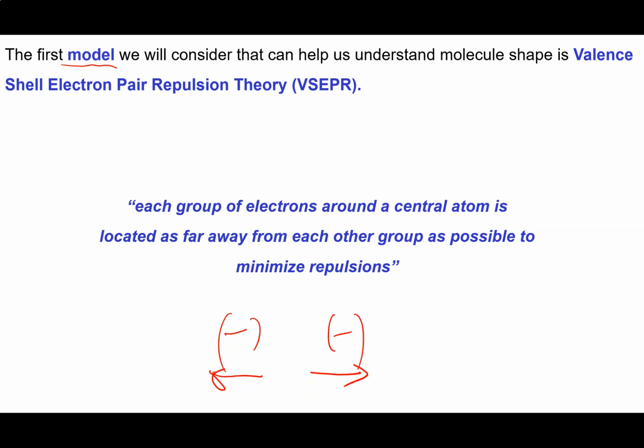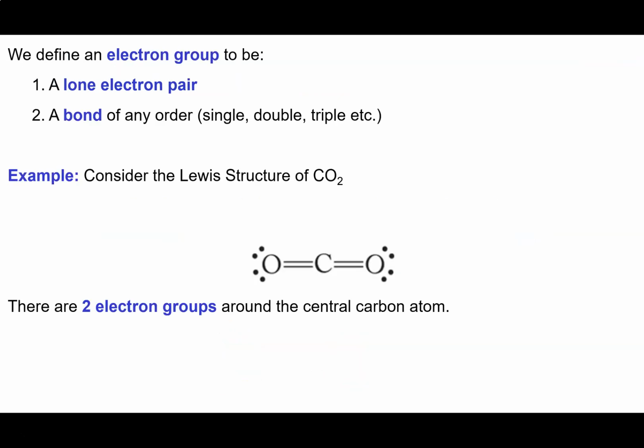So the VSEPR theory is quite simple. It says each group of electrons around a central atom is located as far away from each other group of electrons as possible in order to minimize repulsions. So it's a pretty simple idea. If you have a group of electrons around a central atom, those different groups are just going to position themselves geometrically to maximize their distance between each other.